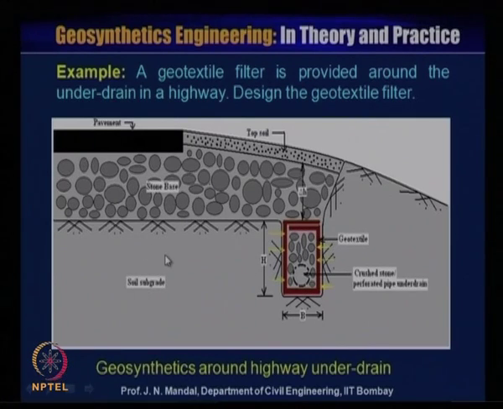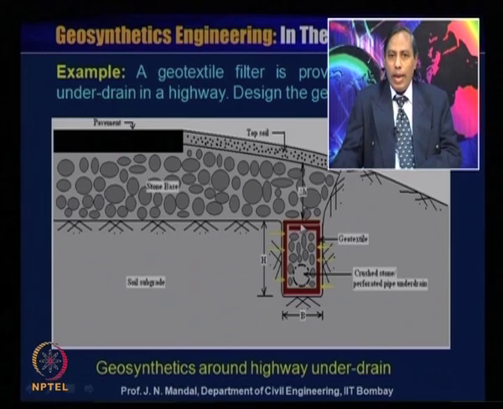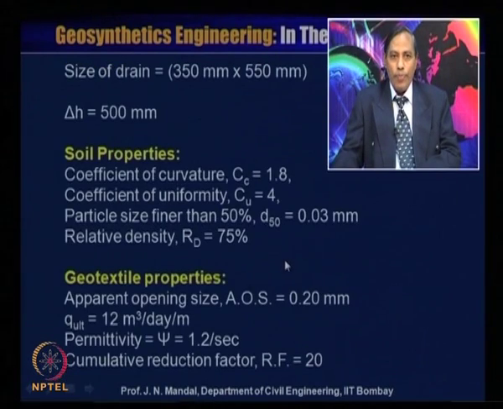So, this is the subgrade, this is the stone base, this is the pavement, this is the topsoil, and this is the drain, with width B, and height of the drain H, and this red is geotextile material, and this is the crushed stone and perforated pipe under drain, that is optional, and this is delta H. So, this is the geotextile area around the highway under drain.